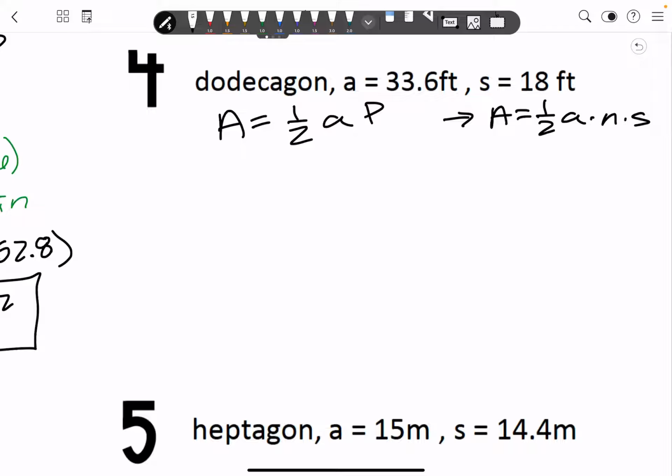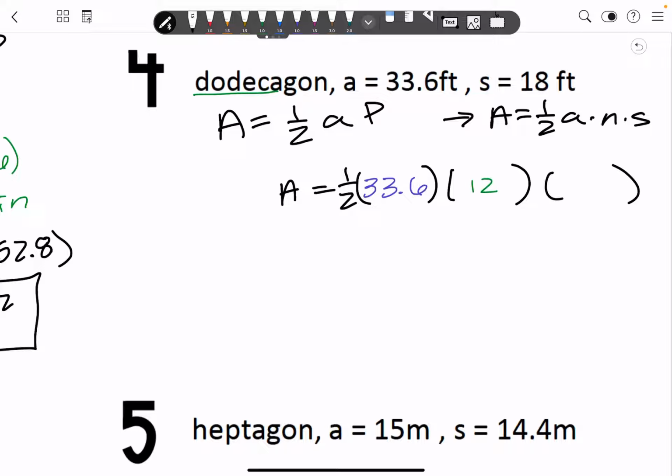Well, I know that my apothem is 33.6. And then the number of sides I know is going to be 12 since it's a dodecagon. Multiply it by the side length, which is 18, and half all of that.